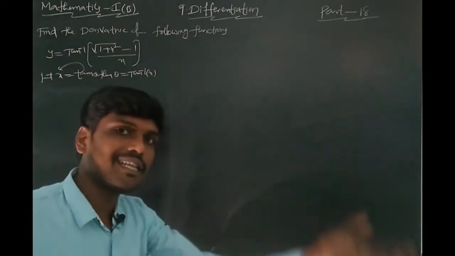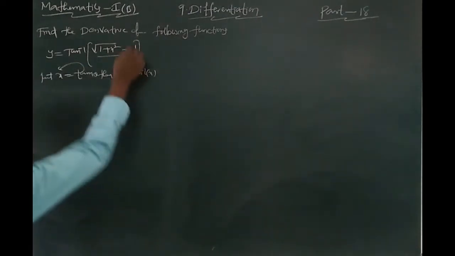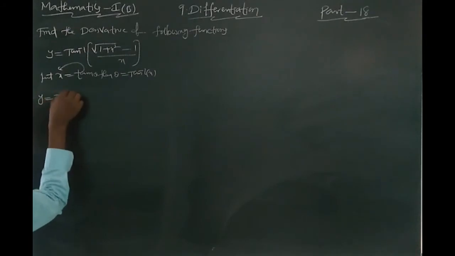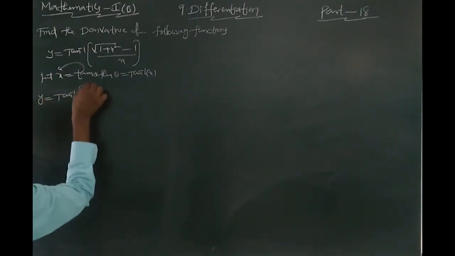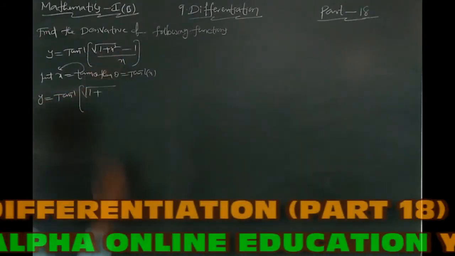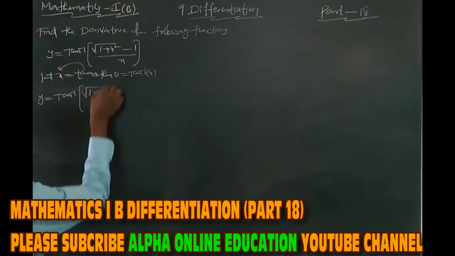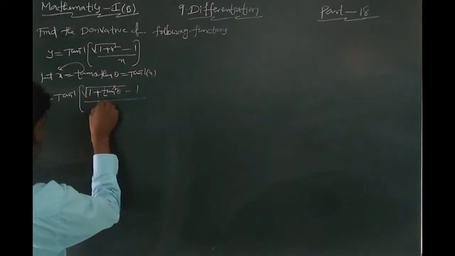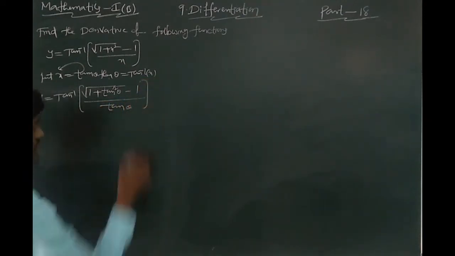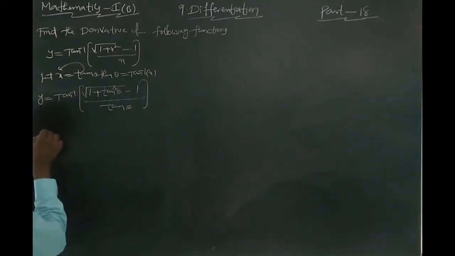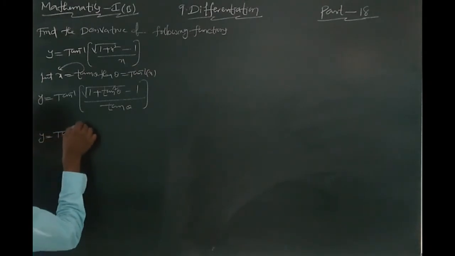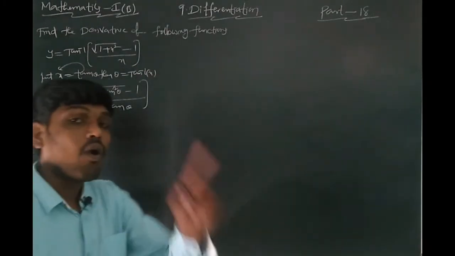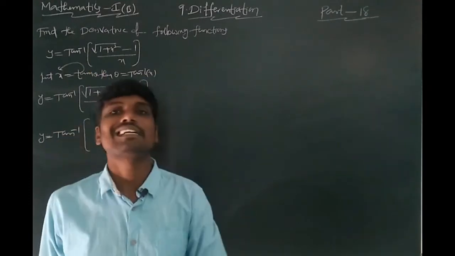In this function, y is equal to tan inverse of square root of 1 plus, what is the value of x? The x value is tan theta, so tan square theta, minus 1 by x, which is also tan theta. Here 1 plus tan square theta is there. What is the formula of 1 plus tan square theta? 1 plus tan square theta is nothing but secant square theta.